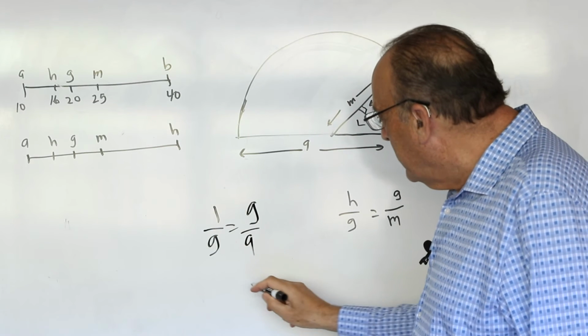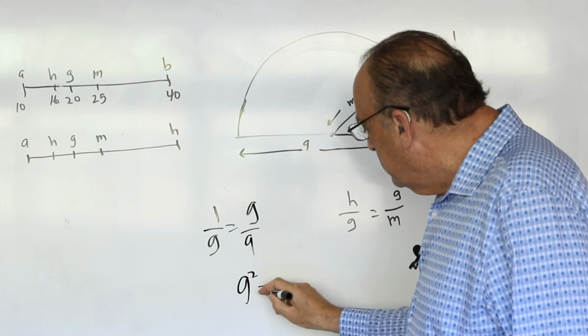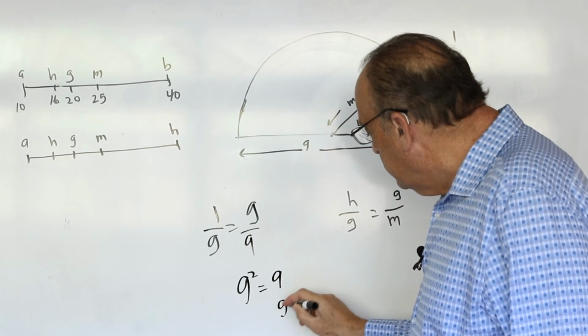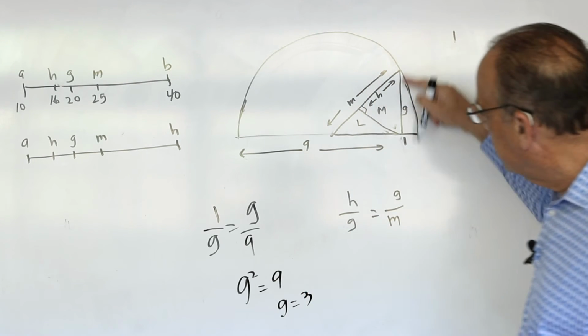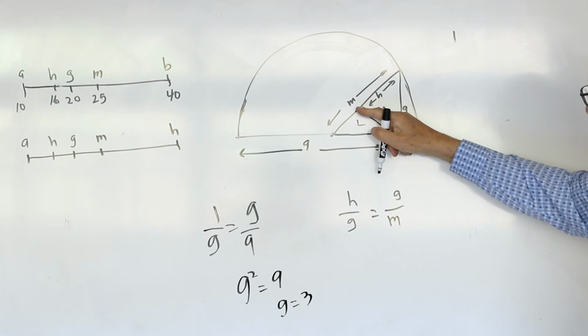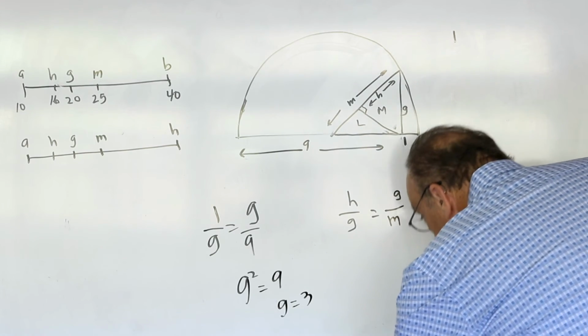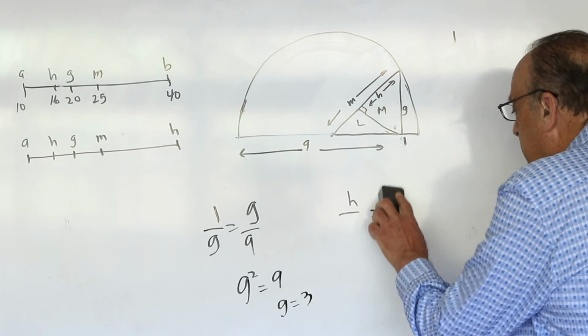And when you cross multiply, you get G squared equal 9. So G equals 3. So this is 3. So we can replace these two G's with 3.